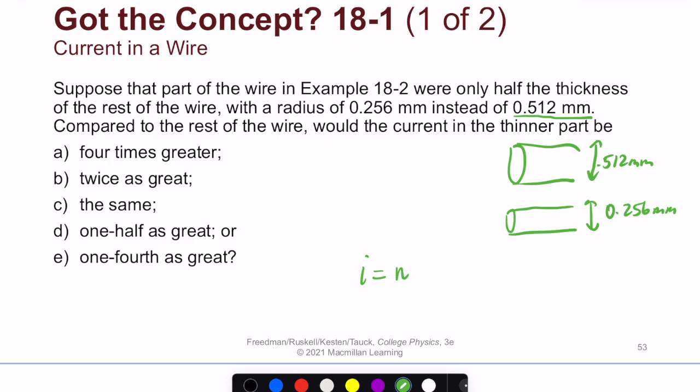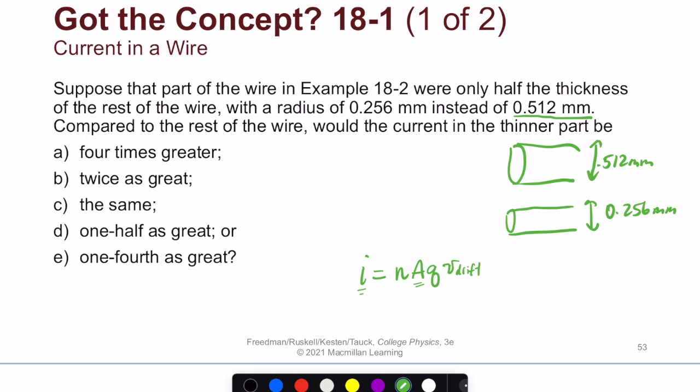So it was I = n A q v_d: n, cross-sectional area, charge of the moving particle, and the drift speed. So you may be inclined to automatically draw this relationship between A and I and say, oh, well, if A increases, then I is going to increase, or vice versa, right?